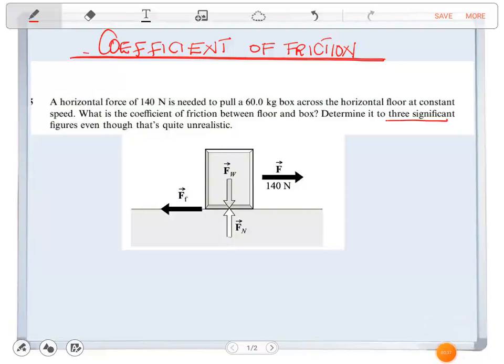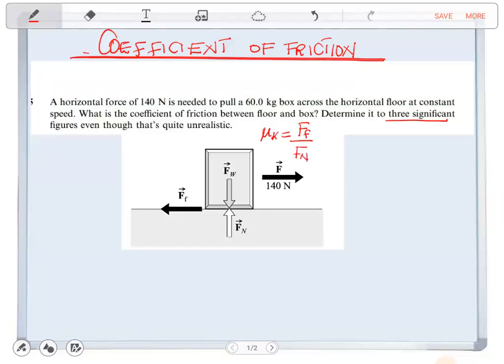So now this is our free body diagram. Now that the free body diagram is set up, let's move on and calculate the coefficient of friction. Before I go anywhere, I need to mention that the coefficient of friction is given by the friction force over the normal force.